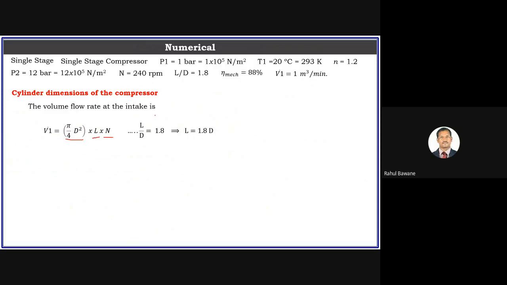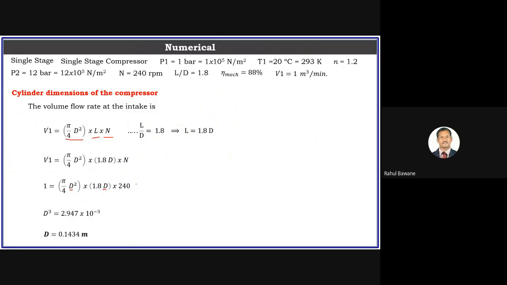N we know, D and L, two are the unknowns. So we have to replace one unknown in terms of the second. So L by D is 1.8. So we will replace L by 1.8 D. Rearrange this, put the value.